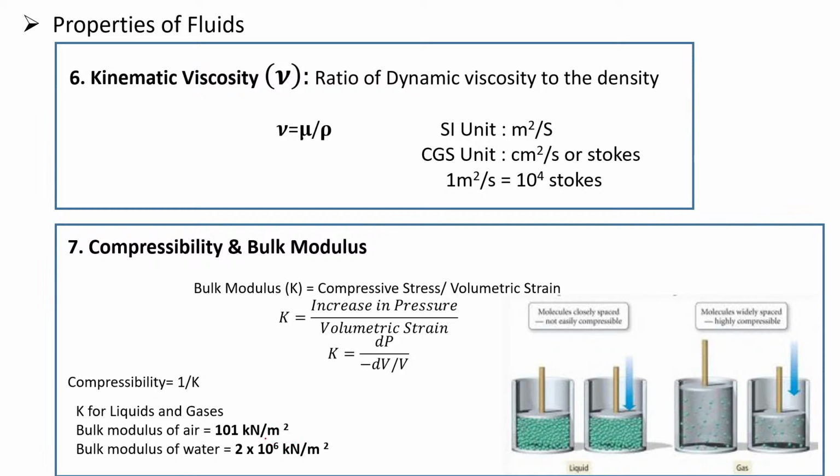So we can compare these two values. We can see that the bulk modulus of liquids is very high as compared to that of gases. In other words, liquids are nearly incompressible while gases are compressible. So the bottom line is for any fluid, if the bulk modulus is high, it is not easily compressible.